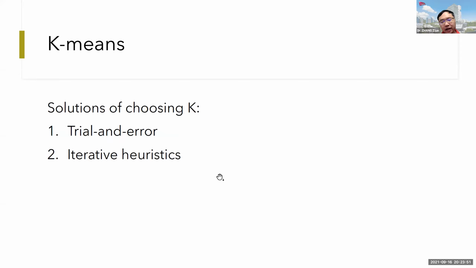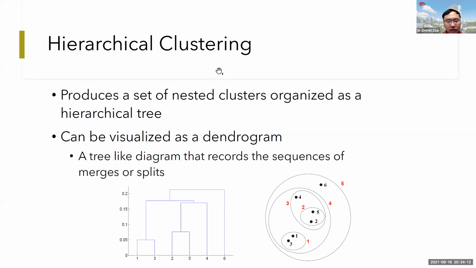Then you apply k-means with K equal to each of those values, and you will get a curve. Then there's a K value which is optimal because its SSE is the lowest. So that's all about k-means. It's pretty simple. All right. Any questions and comments so far about k-means?